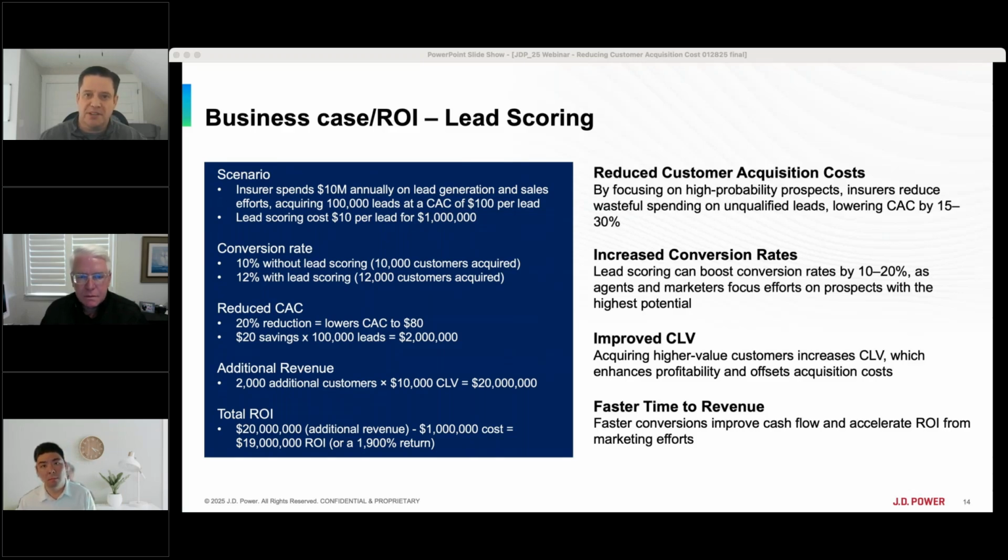In the P&C space, a lot of what drives the financial outcomes of an insurer is their ability to retain their book of business. So acquiring the right prospect up front and retaining them for many years into the future, when you're using a model like this, you're more likely to get those home runs when you swing the bat and not just win a customer, but win the right one that is going to fit your underwriting criteria and going to be on your books for years to come.